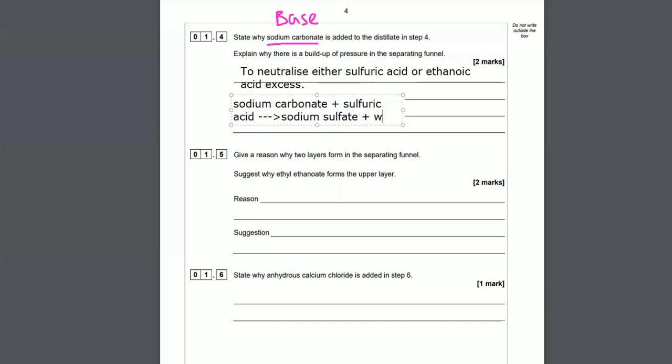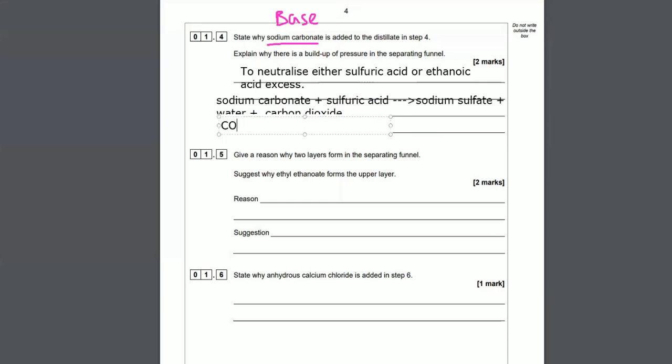And of course, we're going to make water, as you do with all these neutralization reactions, and we're going to make carbon dioxide. And what do we know about carbon dioxide? It's a gas. So you might remember all of that from GCSE. So we want to say CO2 released is a gas, will increase pressure. Cool.